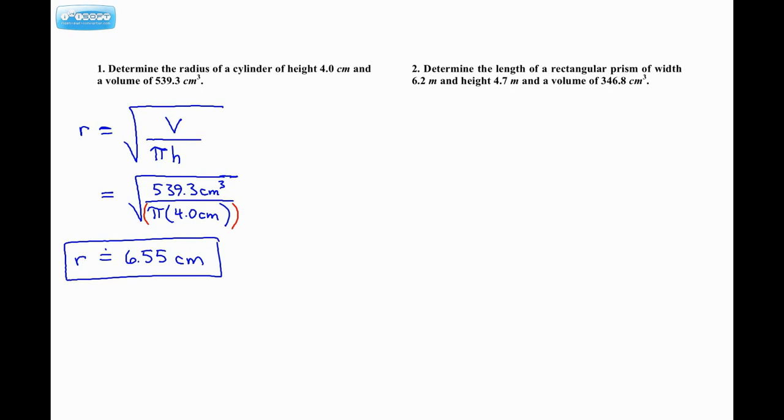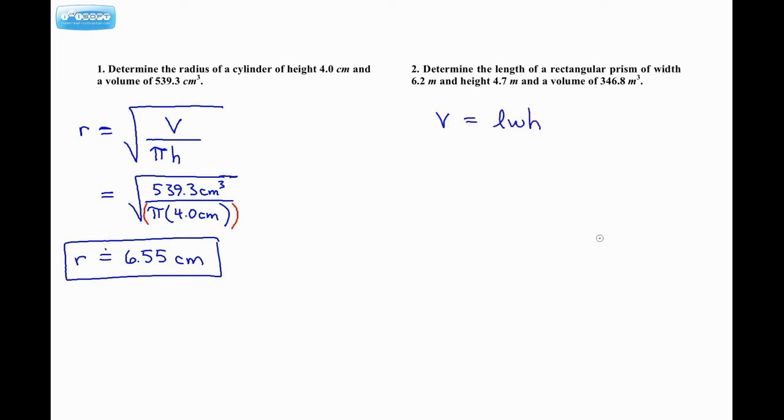Wasn't so hard. Number 2, determine the length of a rectangular prism, or just a box, of width 6.2 meters and height 4.7 meters, and a volume of 346.8 cubic meters. All right, well, the volume of a box is simply its length times its width times its height.